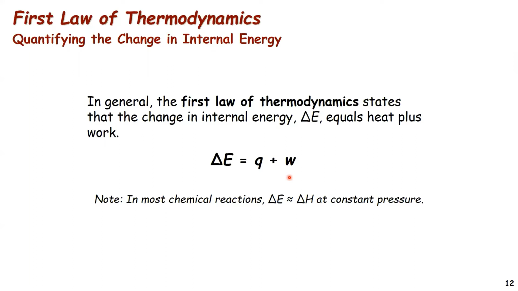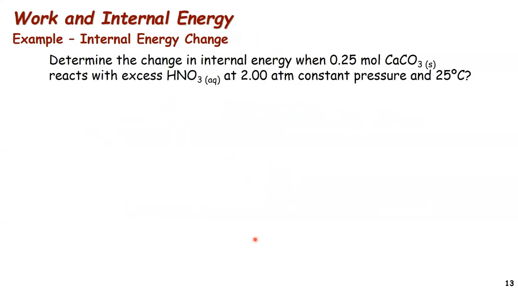Breaking the surface tension of a liquid, well, that's actually work. But in most cases, the change in internal energy is approximately equal to the change in enthalpy. And again, the enthalpy, we called it the heat of reaction, the amount of heat absorbed or released by the chemical reaction, so no work. And again, like I said, but not all. There are definite exceptions to that.